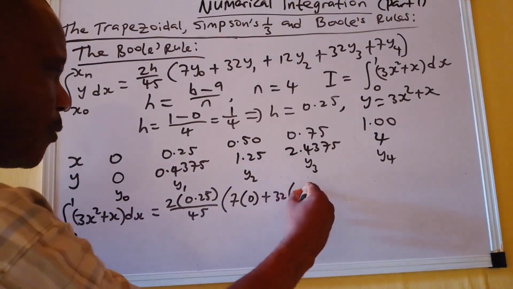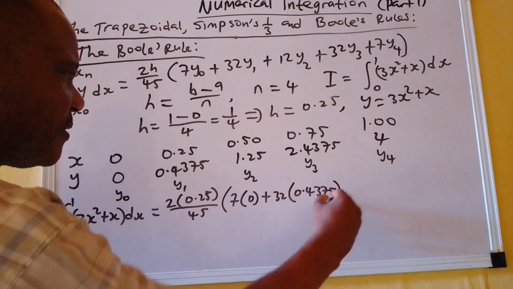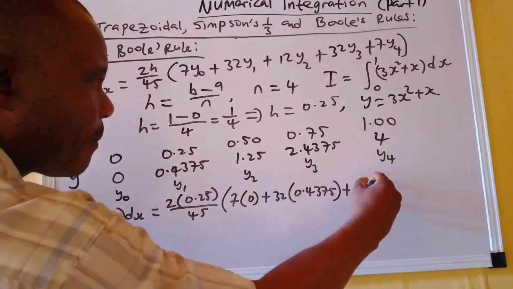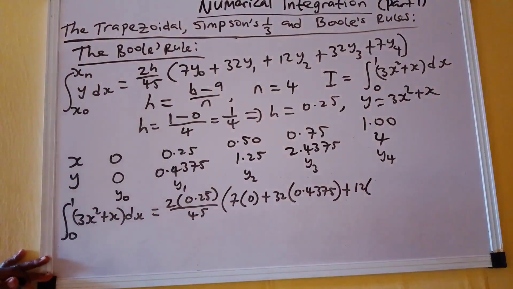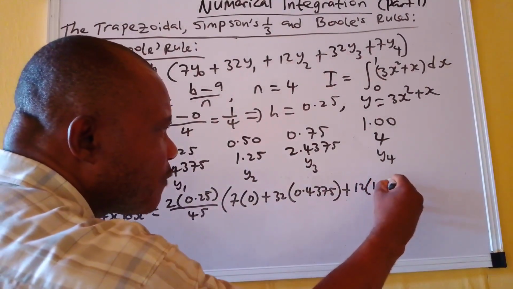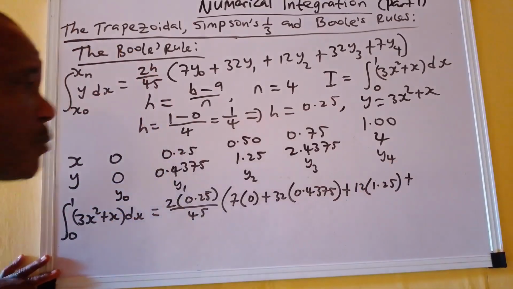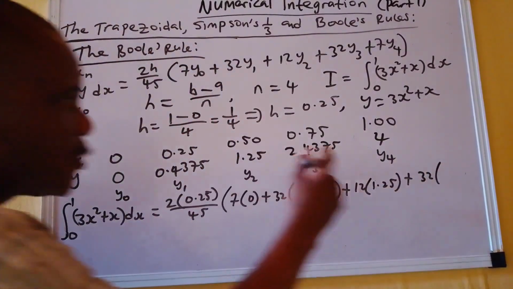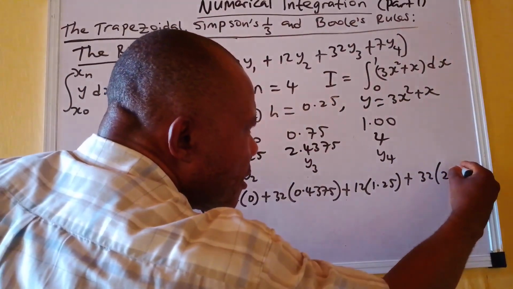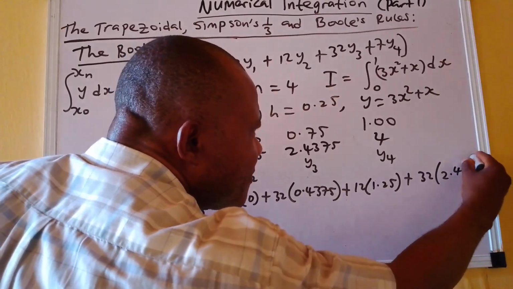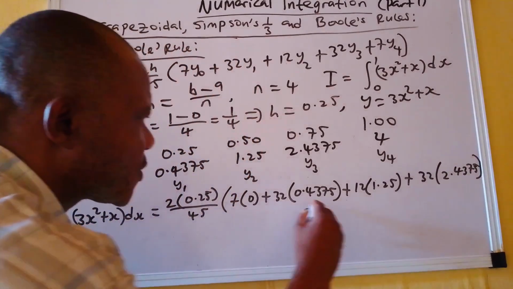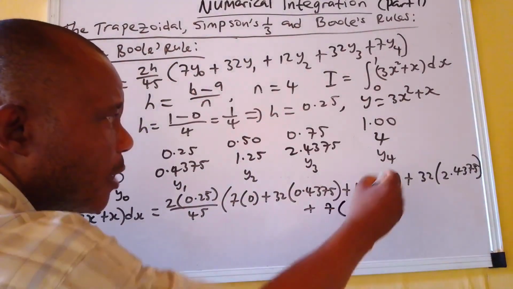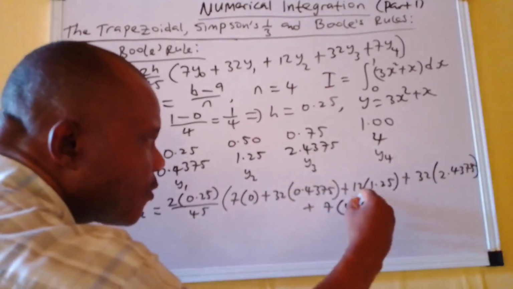Our y1 is 0.4375. Then plus the next one is 12 into what is our y2? Our y2 is 1.25. Then plus the next one is 32 into our y3, which is 2.4375. Then of course plus 7 into y4. Our y4 is 4. Then you close the bracket.